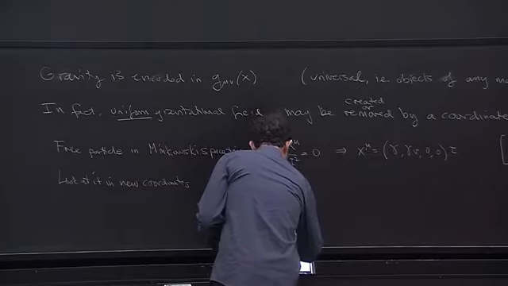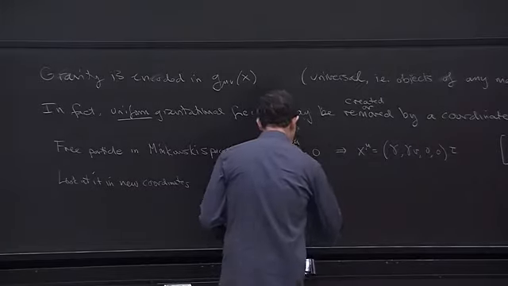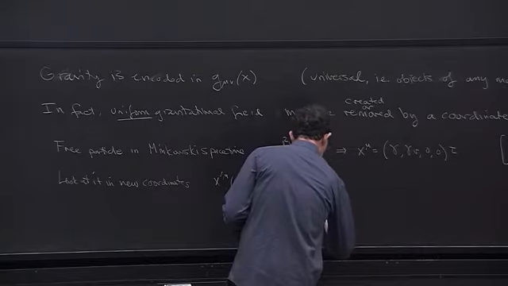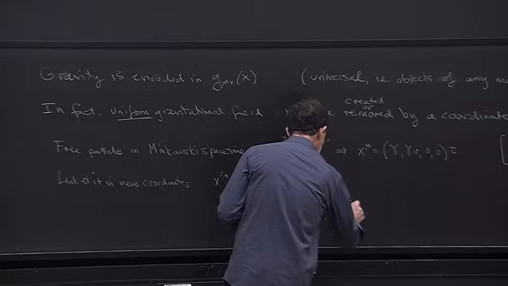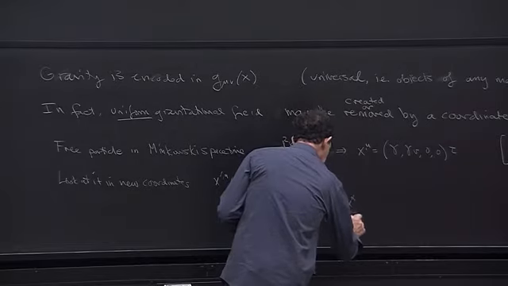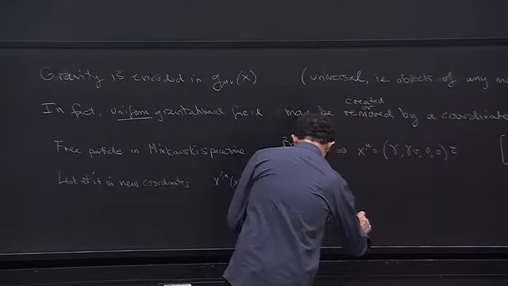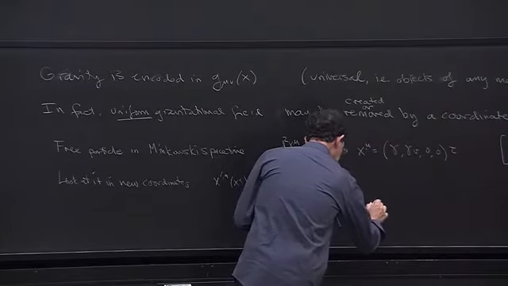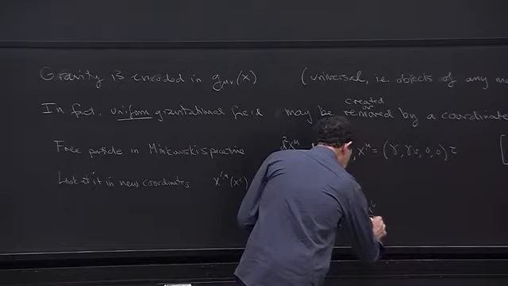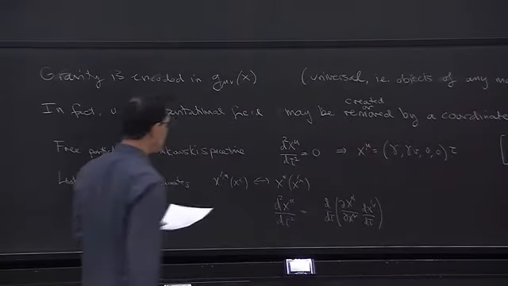And so d2x^alpha/dtau squared, what is that? Well, obviously, it is d/dtau of dx/dtau. dx/dtau is dx/dx prime times dx prime/dtau, just using the chain rule again.